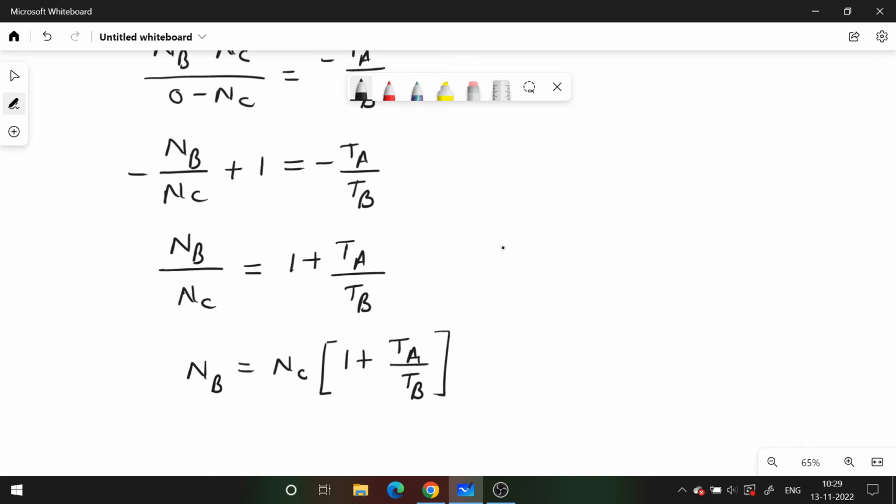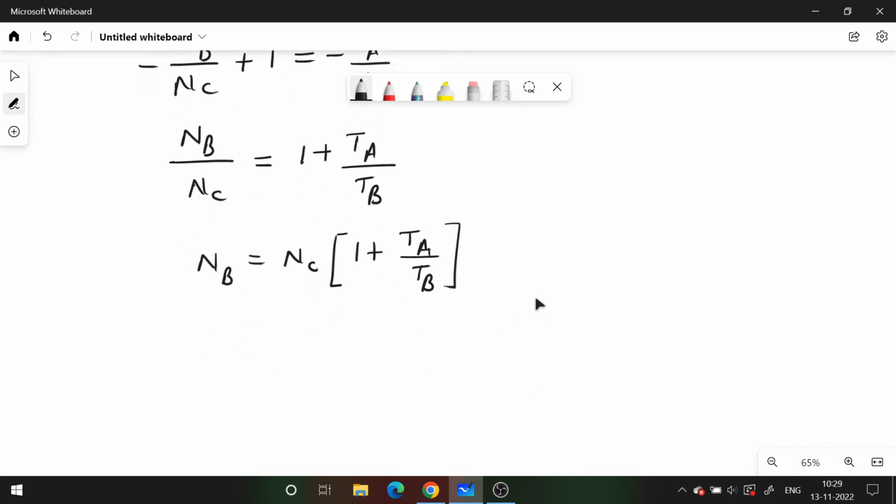Hence, if the speed of arm C is known, then the speed of wheel B can be calculated. The number of teeth on gears A and B are already given.